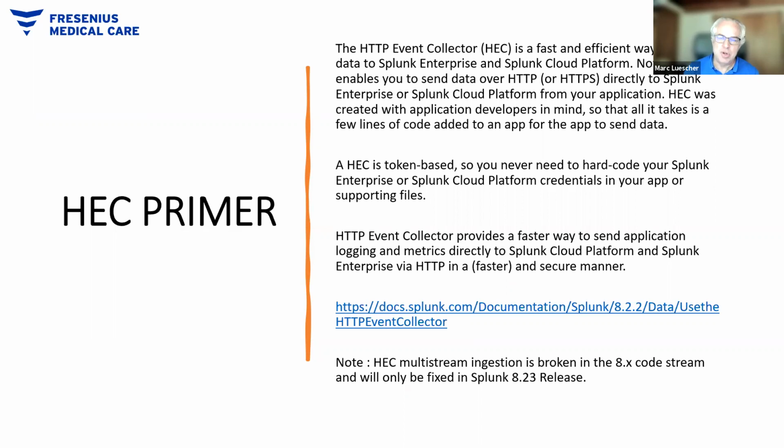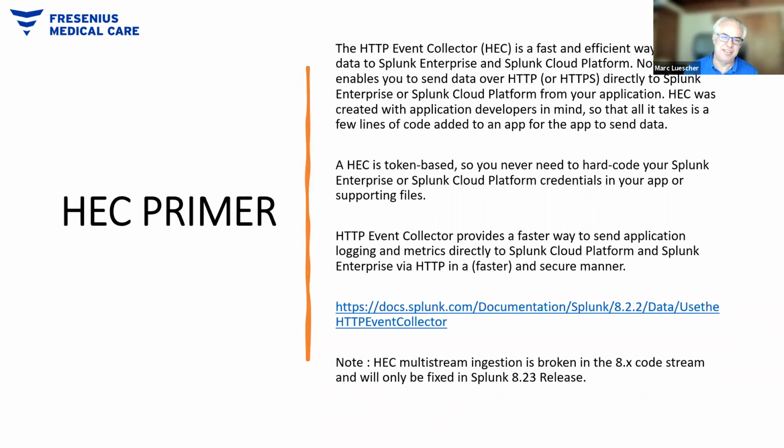There is one comment I want to make, and it took us about 6 months to find out. The HEC implementation in the 8 code stream is broken and is only single-threaded. No matter what you configure in your outputs.conf, you only have one single thread.